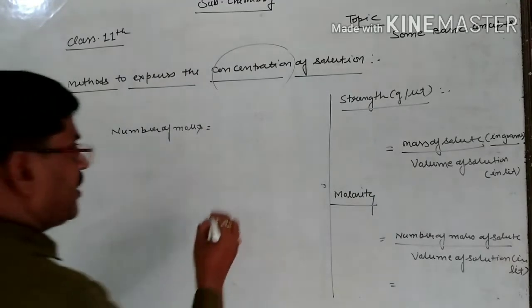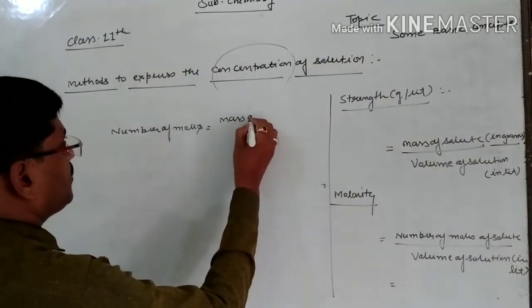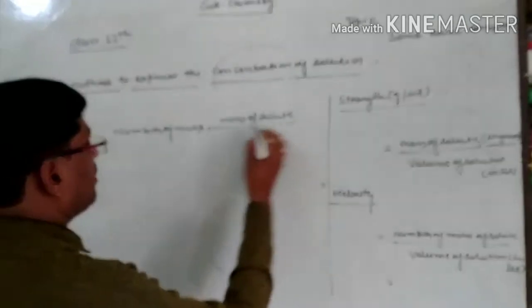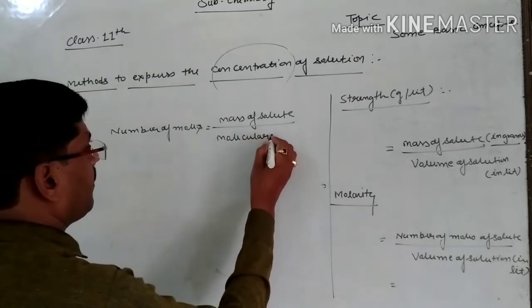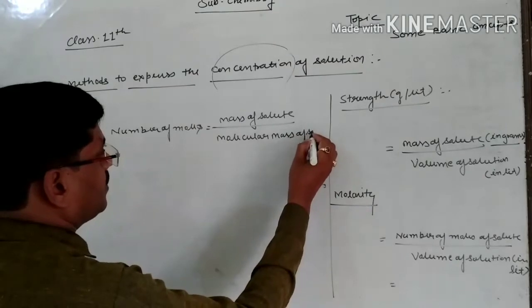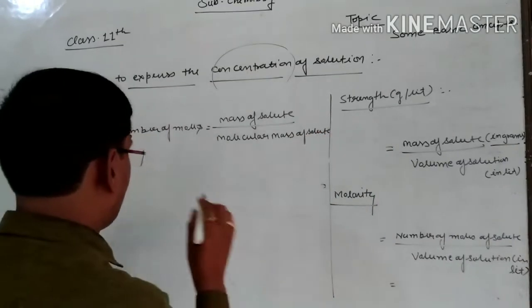Number of moles is equal to mass of solute upon molecular mass of solute. In this way you have to calculate number of moles.